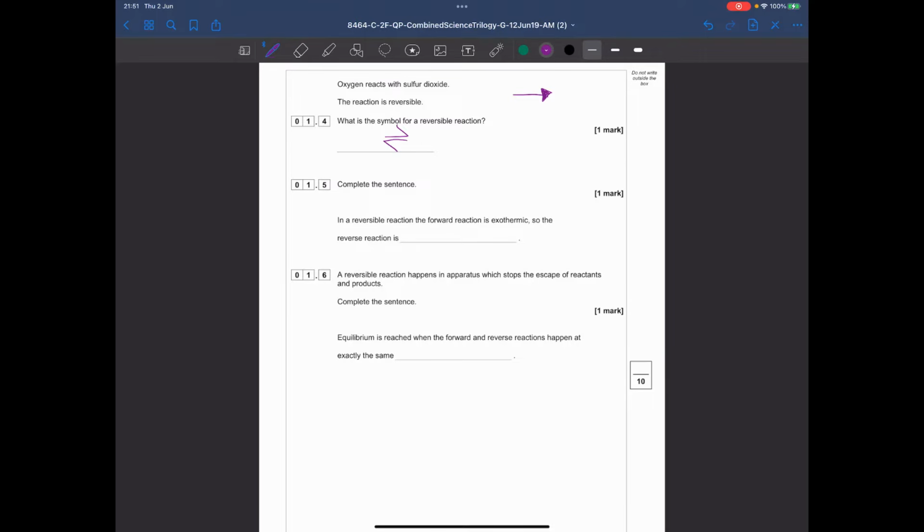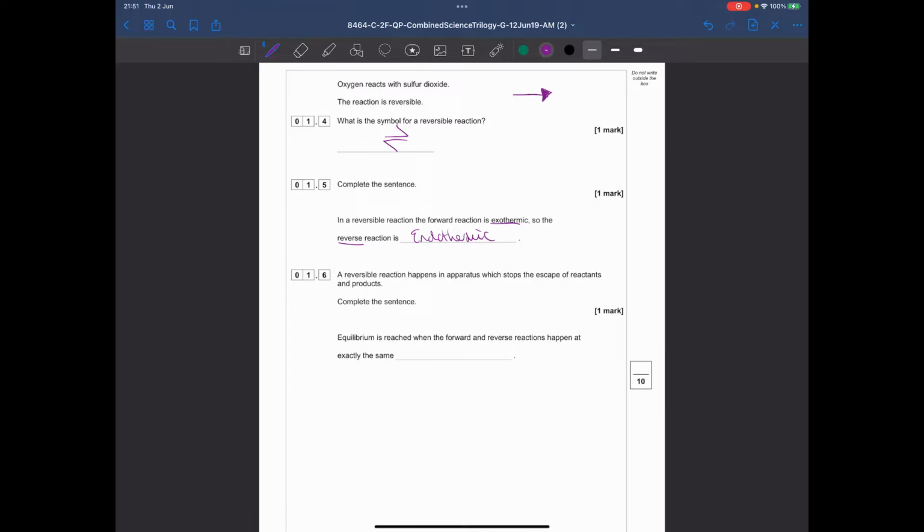So complete the sentence then. In a reversible reaction, the forward reaction is exothermic, so the reverse reaction therefore must be the opposite of exothermic, which is endothermic. So just using a bit of logic there. A reversible reaction happens in apparatus which stops the escape of reactants and products. Complete the sentence.